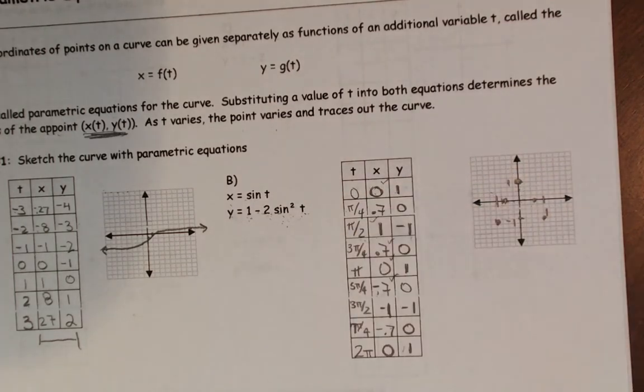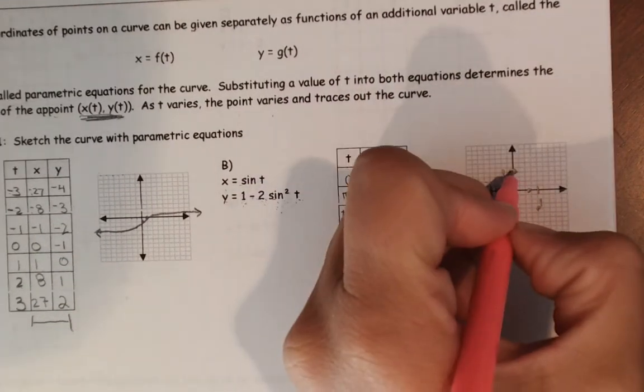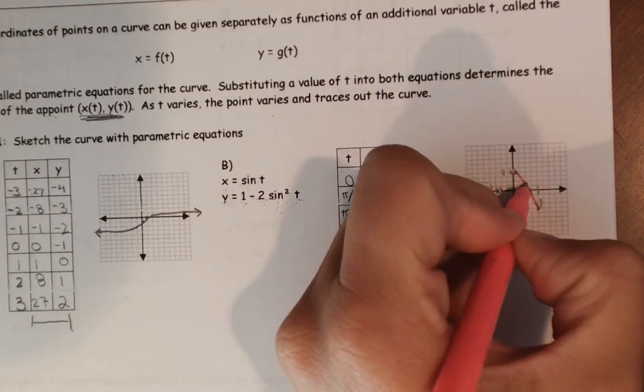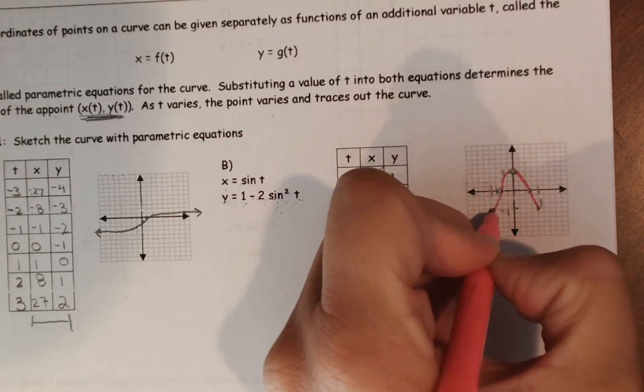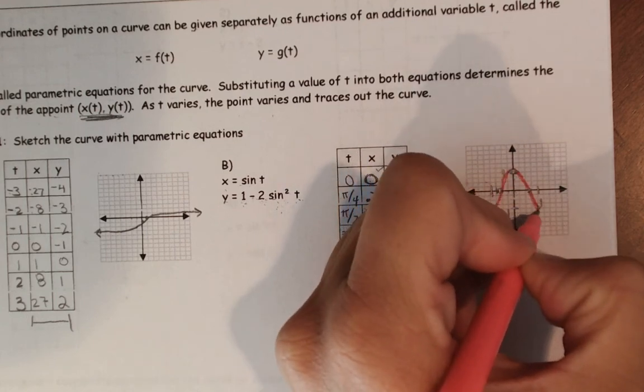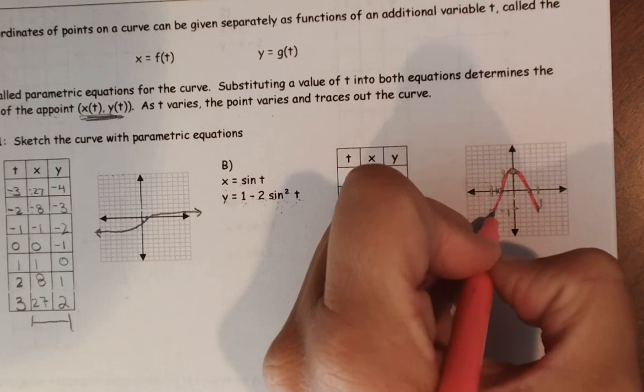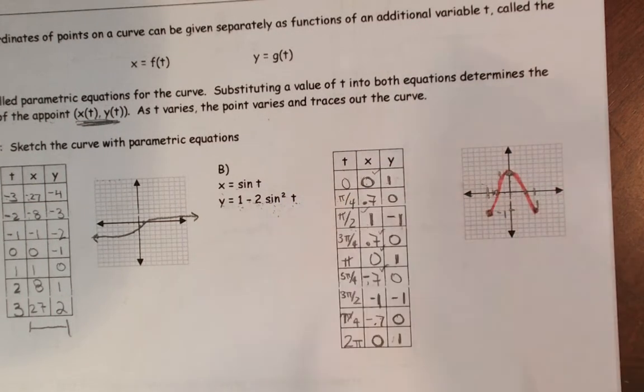So do you see something that's happening? Let's watch. If I connected my dots, I started here and I went here, here, here, here. So do you notice how I have some bounds? Okay.